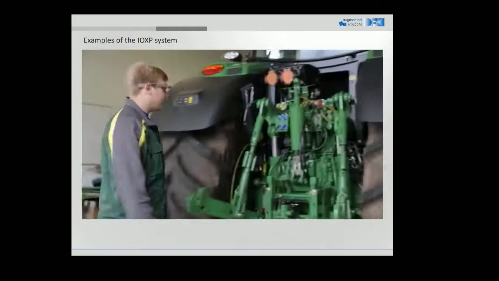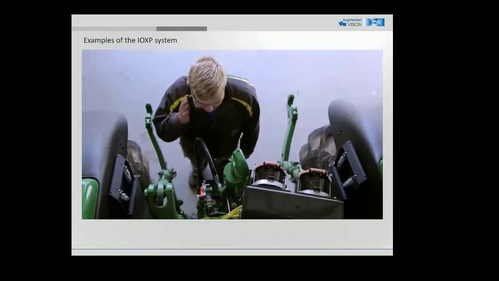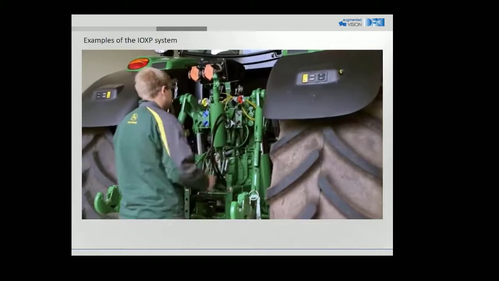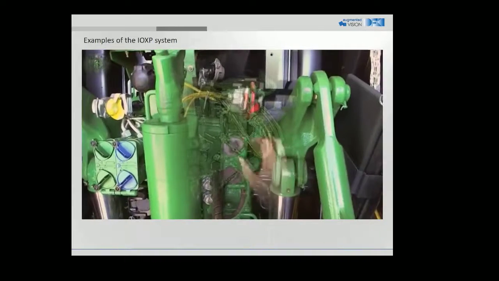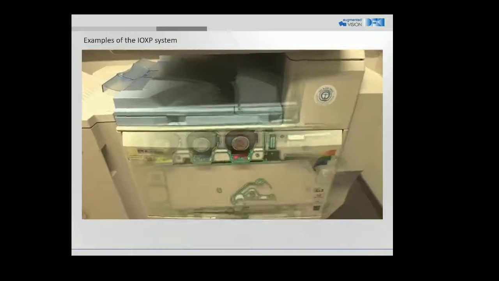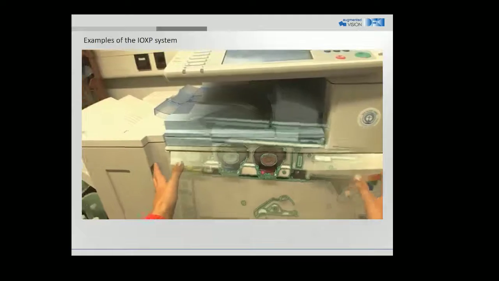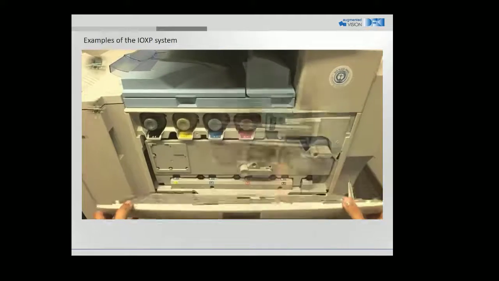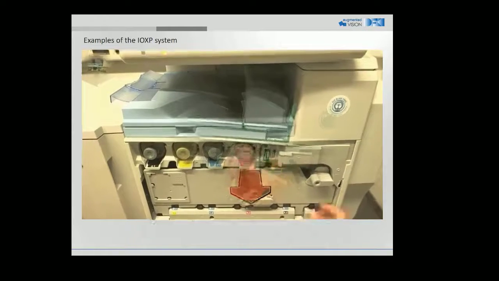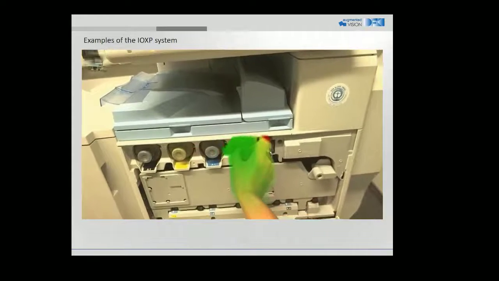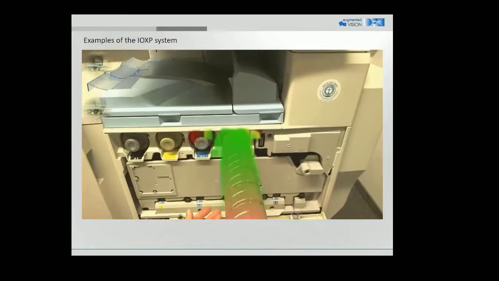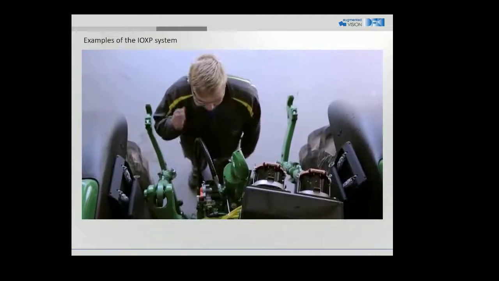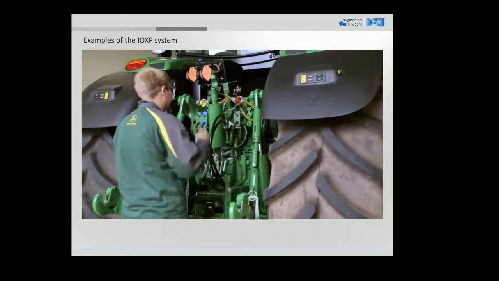Another example is in industrial machines, for example, farming or office work. However, the big challenge here is to create contents, as I said, which are meaningful and useful for everyone.